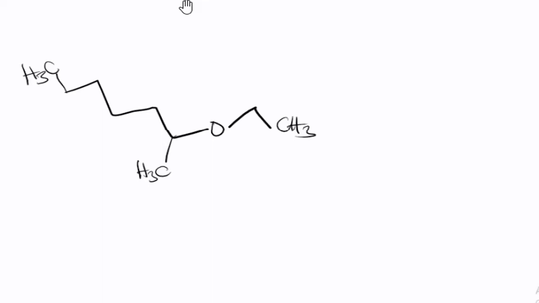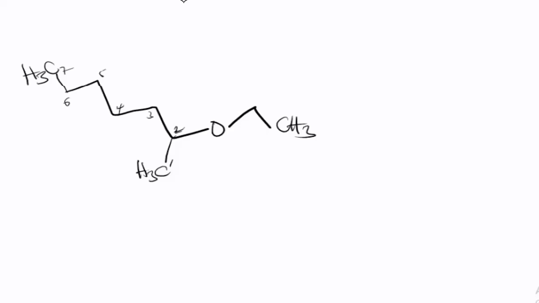So when I look at this, if I number from here 1 2 3 4 5 6 7, you notice that the alkoxy group will be at carbon 6 here, but if I number the other way around, I'll have 1 2 3 4 5 6 7. So you notice that the alkoxy group will be at carbon 2. So this is the right way to number this.